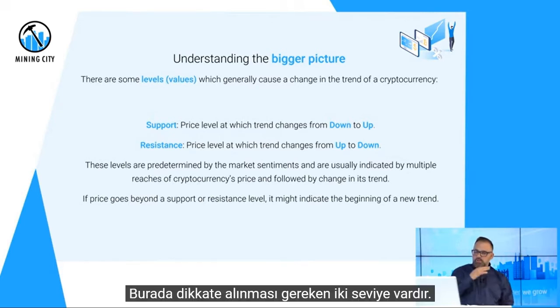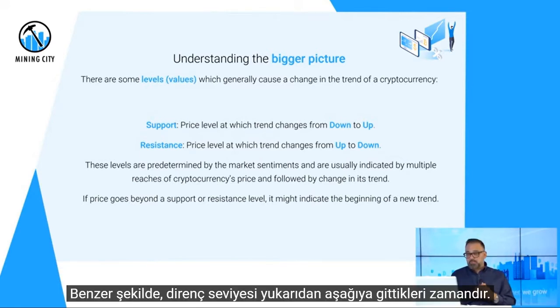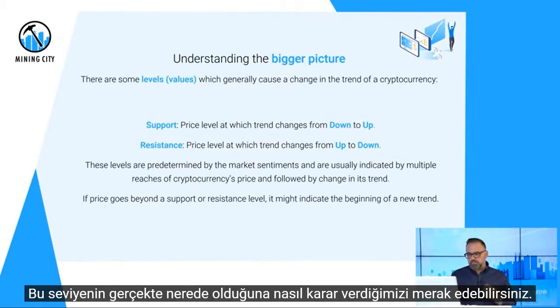And there are two levels here to be considered. We talk about the support level, when at a certain price level trends change from down to up, and similarly the resistance level, when they go from up to down. You might wonder how we decide where that level actually is.